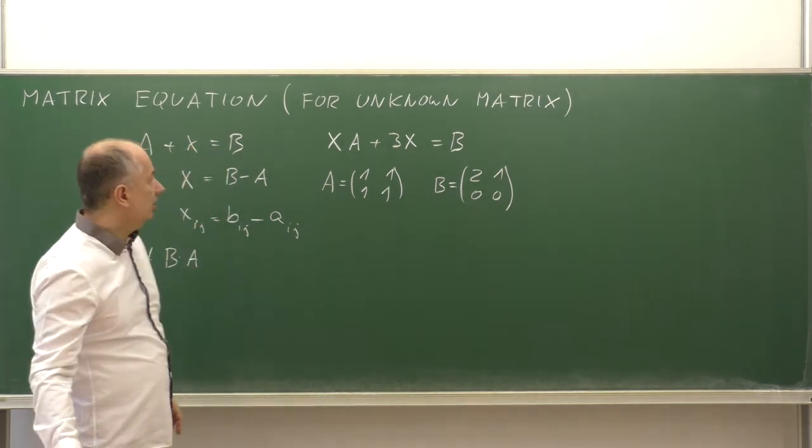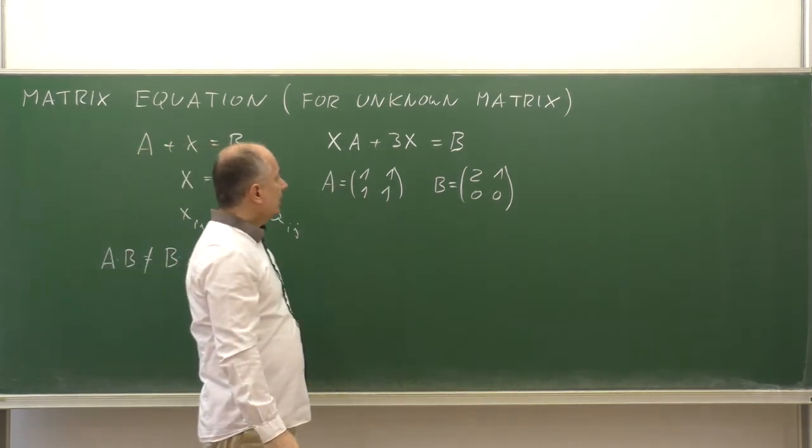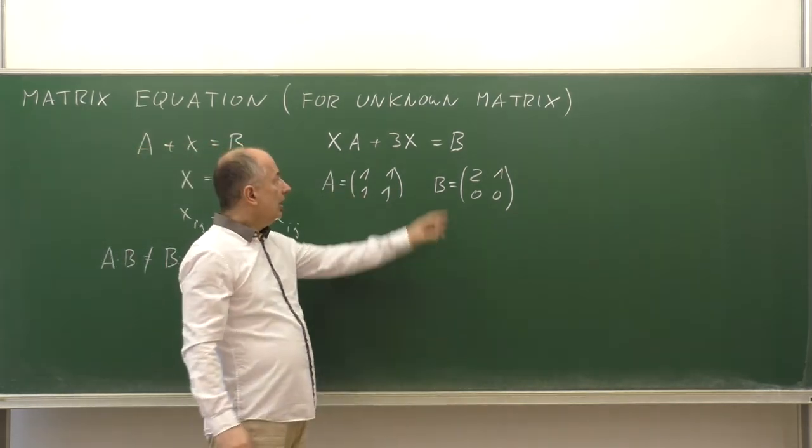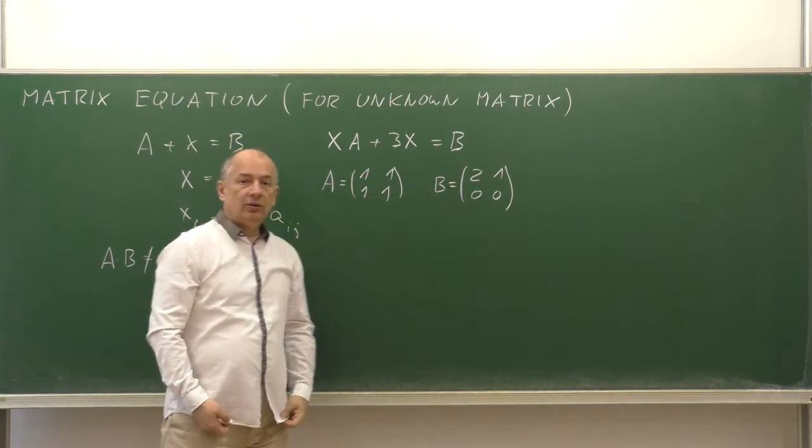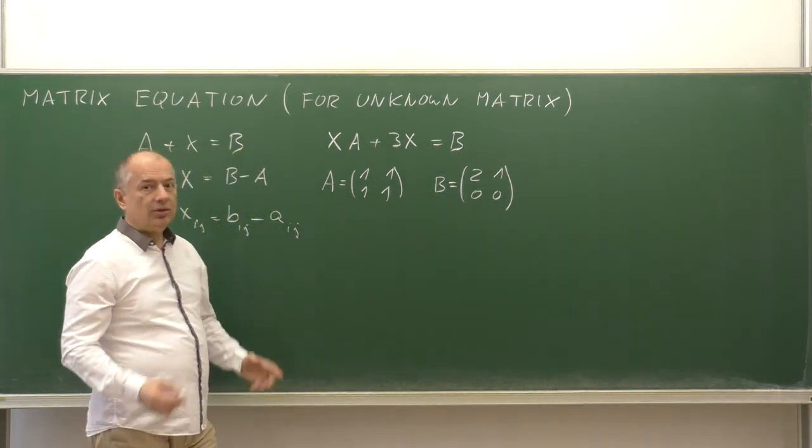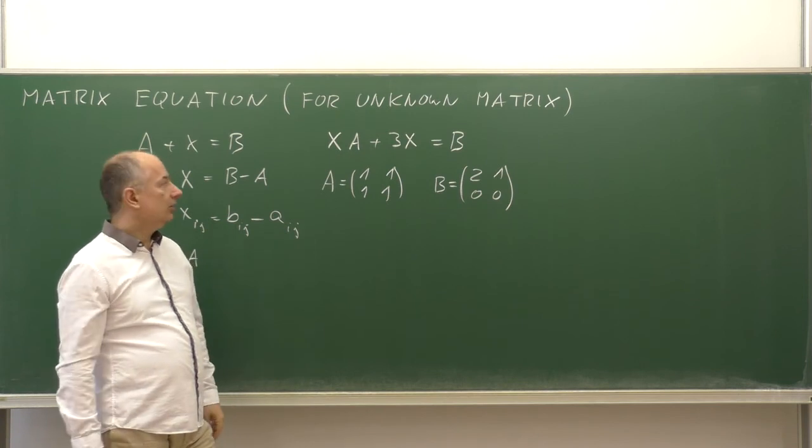And we want to find a matrix X such that this is true in the sense for all entries in the two matrices on the left and on the right.